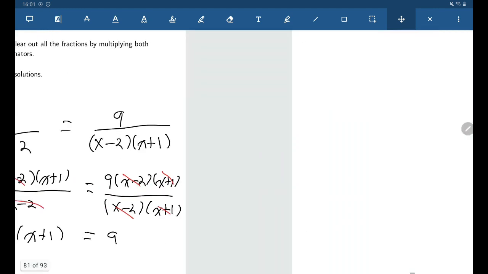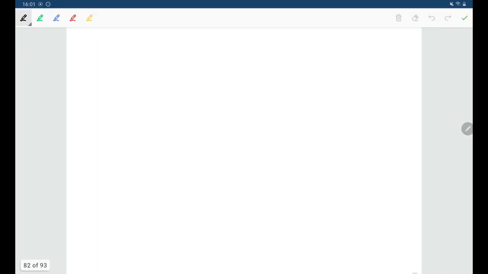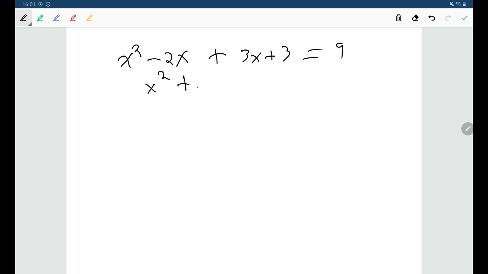So I'll expand and simplify just as I always do. So we had x times x minus 2, that's x squared minus 2x. We had 3 times x plus 1, that's 3x plus 3. And the right side was 9. So bringing everybody over to one side of the equation and simplifying, I would have x squared plus x minus 6 equals 0.